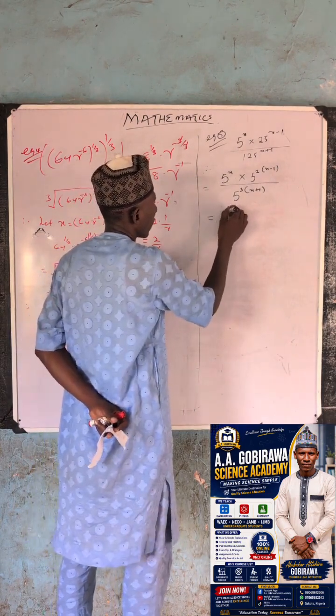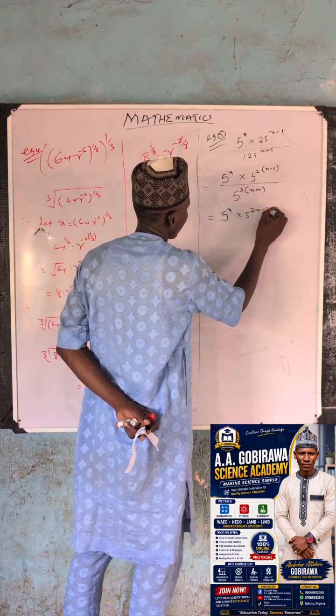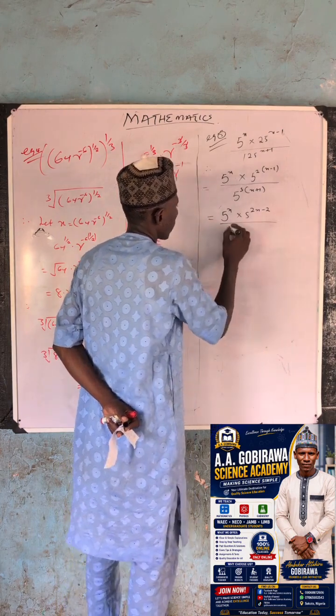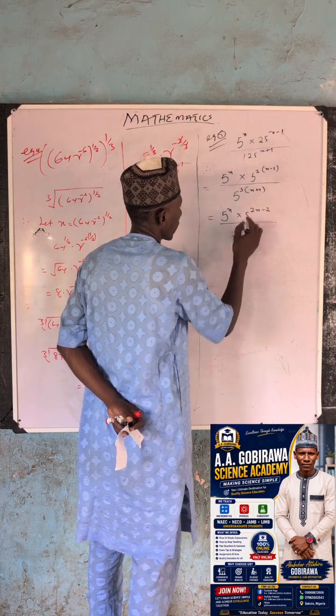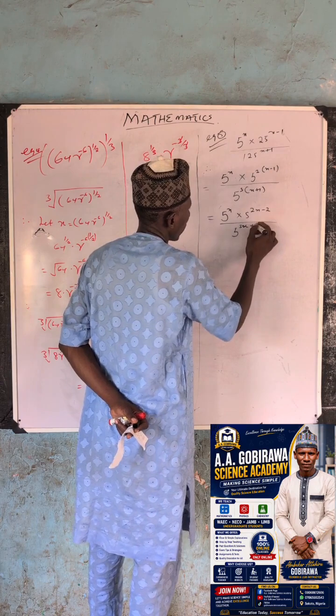We have 5 power x multiplied by 5 power 2x minus 2, divided by 5 power 3 times x is 3x plus 3 times 1 is 3.